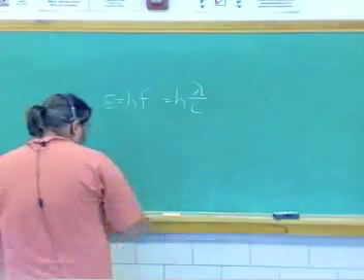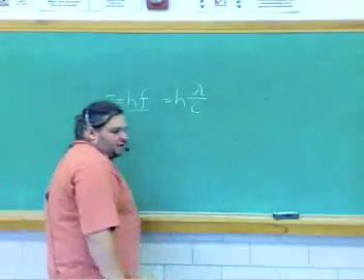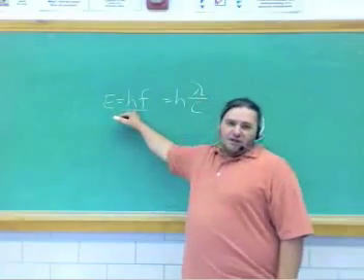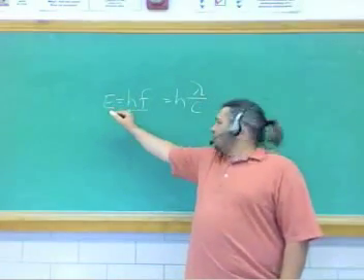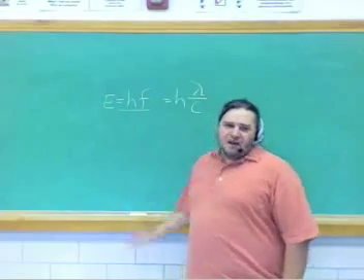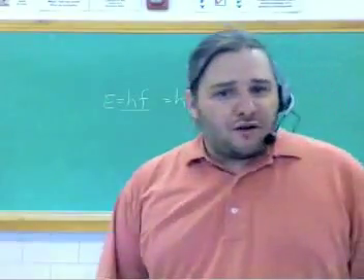So the energy of a single photon, a single piece of light, is equal to that. The cool thing about that equation is that h is a constant. It's a universal constant. No matter where you go or what you do, it's still a Planck length. So that means the energy of light is based strictly on its frequency.